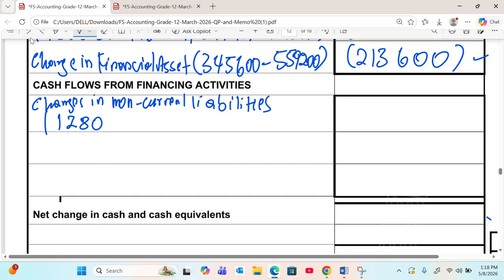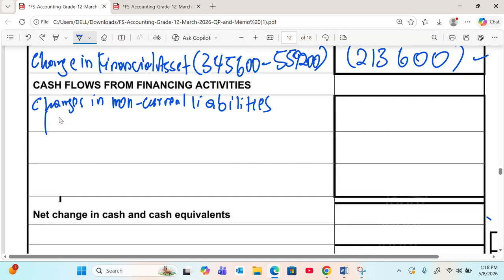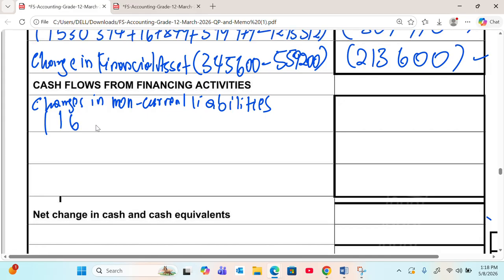On my side, I always like to record the amount that we have from the beginning, which is 1,620,000. The loan has decreased to 1,128,000. This is an outflow. We are paying our loan. We've made significant repayments of how much? An outflow. You show an outflow with a bracket of 492,000.